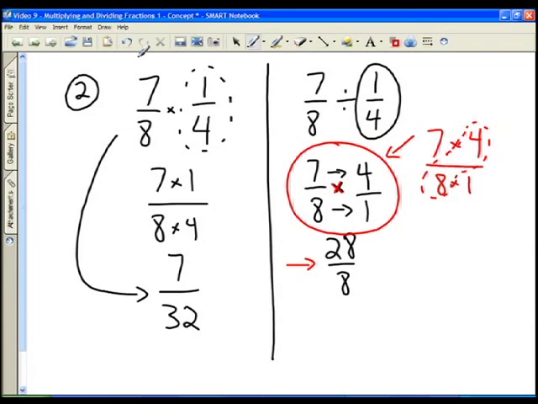We can reduce the 4 and the 8 because 4 goes into 4 one time, and 4 goes into 8 two times. And so now, instead of having 7 times 4 over 8 times 1, we really have an equivalent fraction of 7 times 1 over 2 times 1, which is 7 halves.